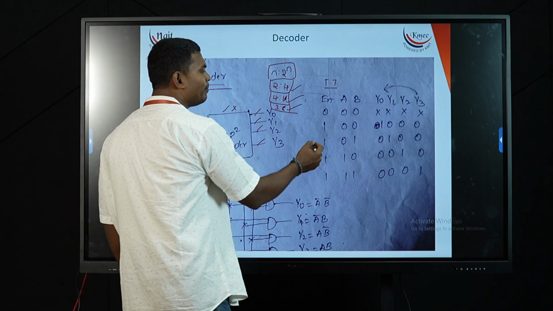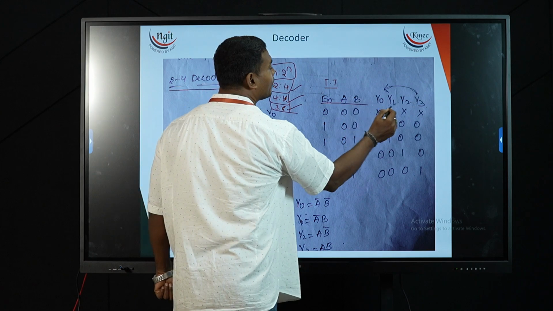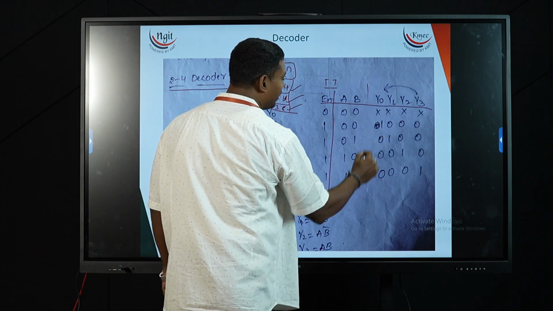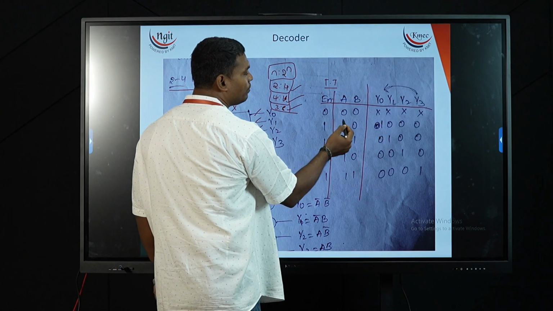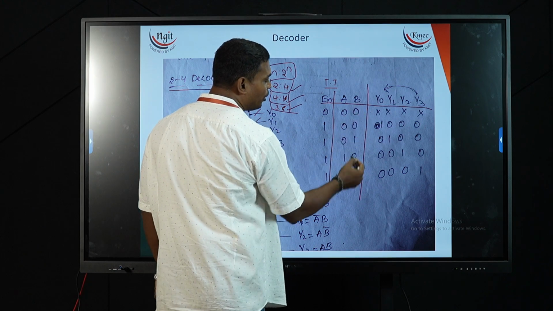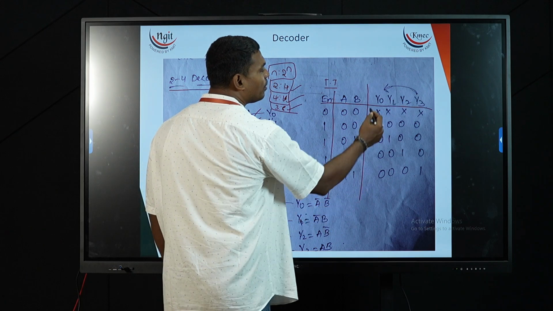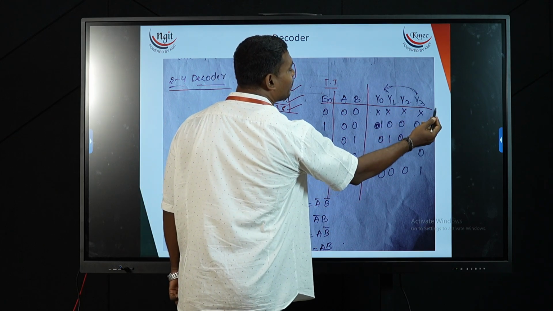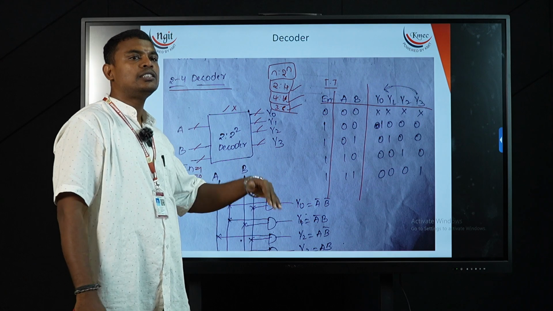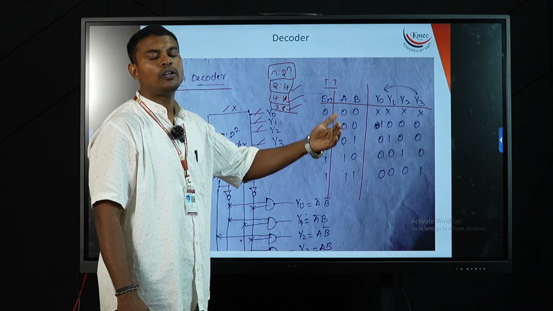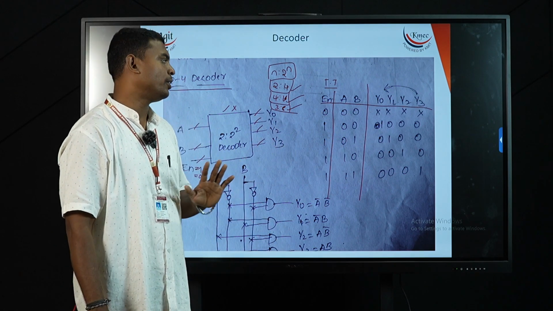Now if you observe my enable pin, this is my enable pin. Now for enable pin 0, now as 2 inputs I am going to have 4 combinations 0, 0, 0, 1, 1, 0, 1, 1. Now my 4 outputs Y0, Y1, Y2, Y3. Now in this decoder I am going to keep only one output to be high at one point of time.